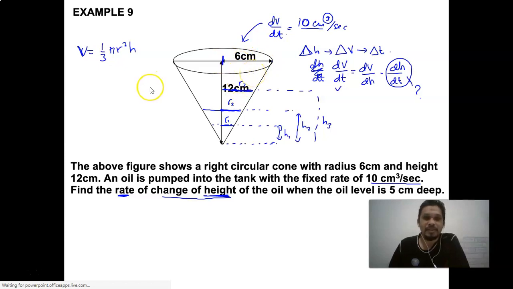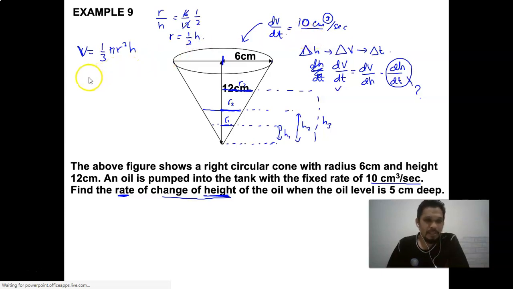So there is a ratio of radius to the height. Let's say the ratio of R and H equals 6 and 12, radius 6 and height 12. 6 over 12 is 1 over 2, so R equals half of the height.